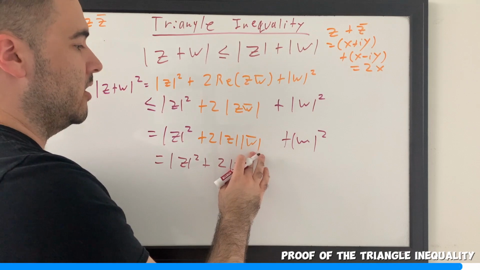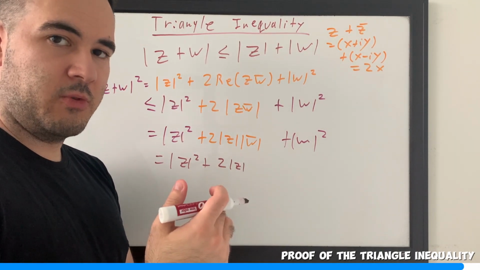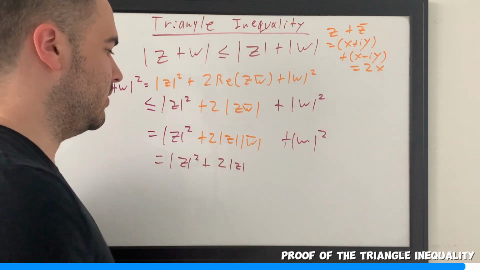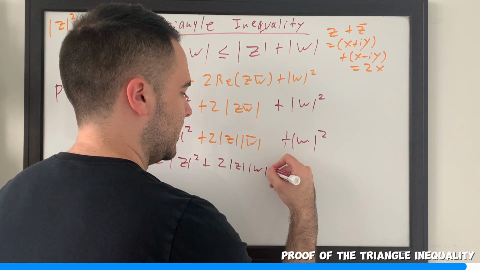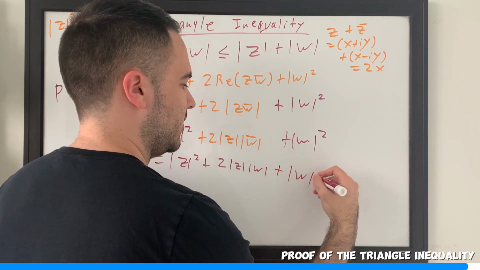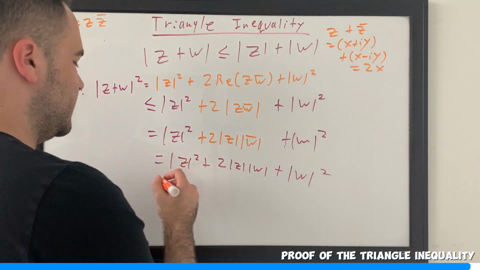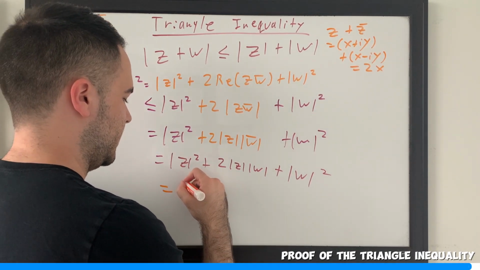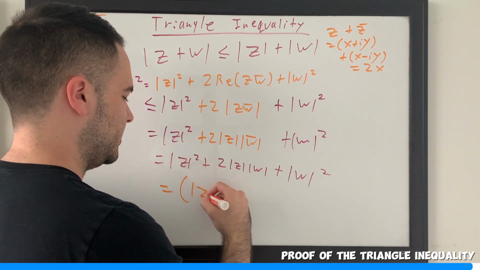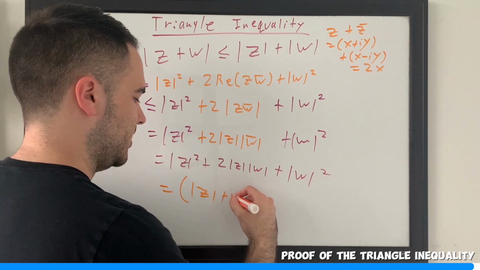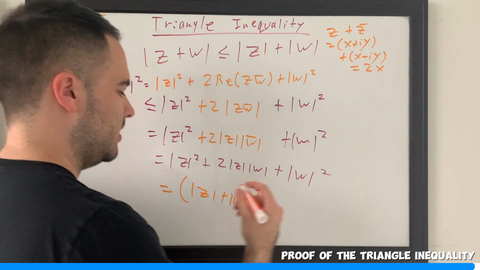Again, the conjugate is just the negation in the y direction, which won't affect the length of it whatsoever, so it is the same as the modulus of w. We can now finally, after all these steps, factor this to become the modulus of z plus the modulus of w, squared.